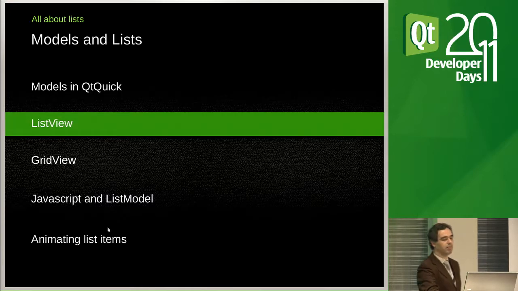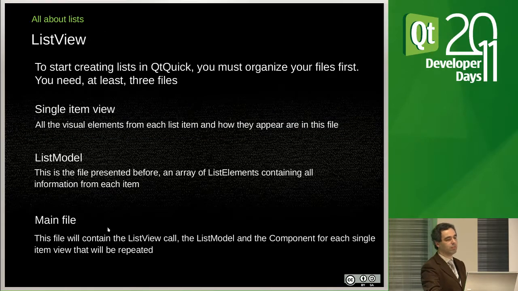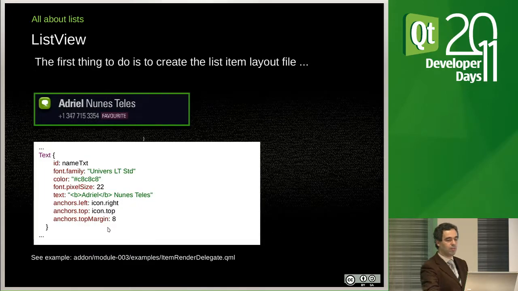But then we have several types of lists to show. Let's start with the list view. It would start with the text. It's the delegate of this thing, and you see its positioning and how we set this little item here.